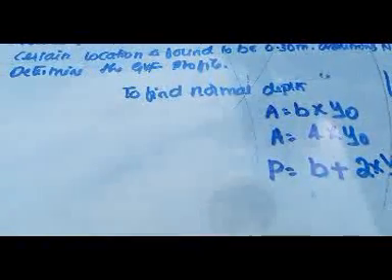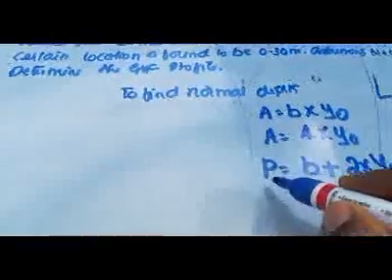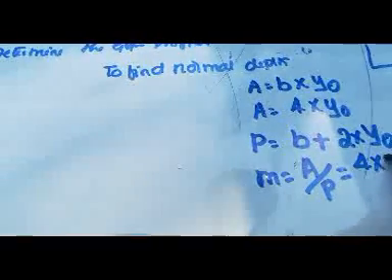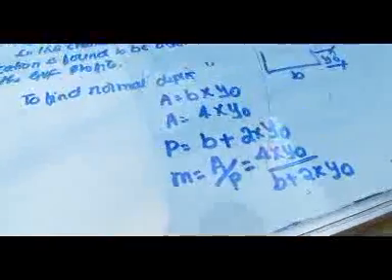The n value is given, which is a constant value. So M, the hydraulic radius, is equal to A by P, where A is equal to 4 into Y0 and P is equal to B plus 2 into Y0.